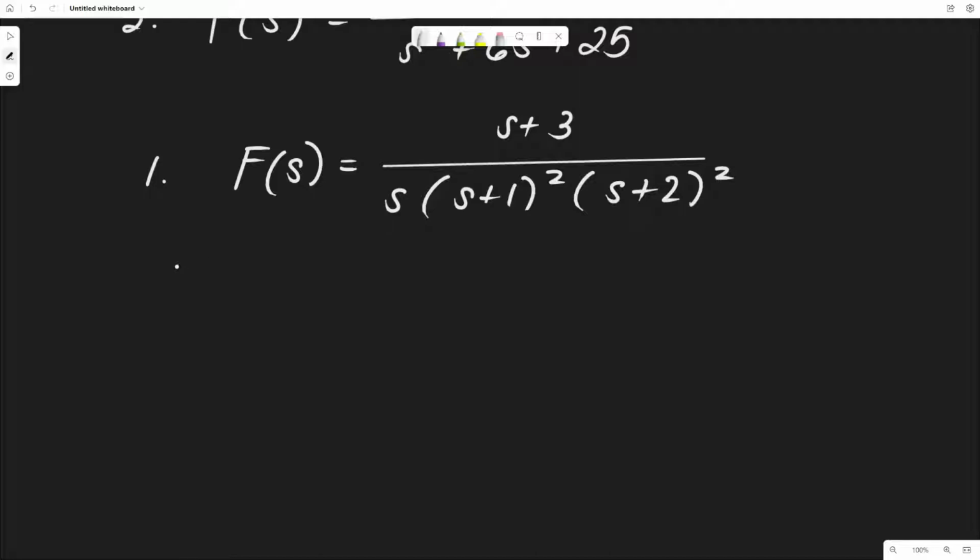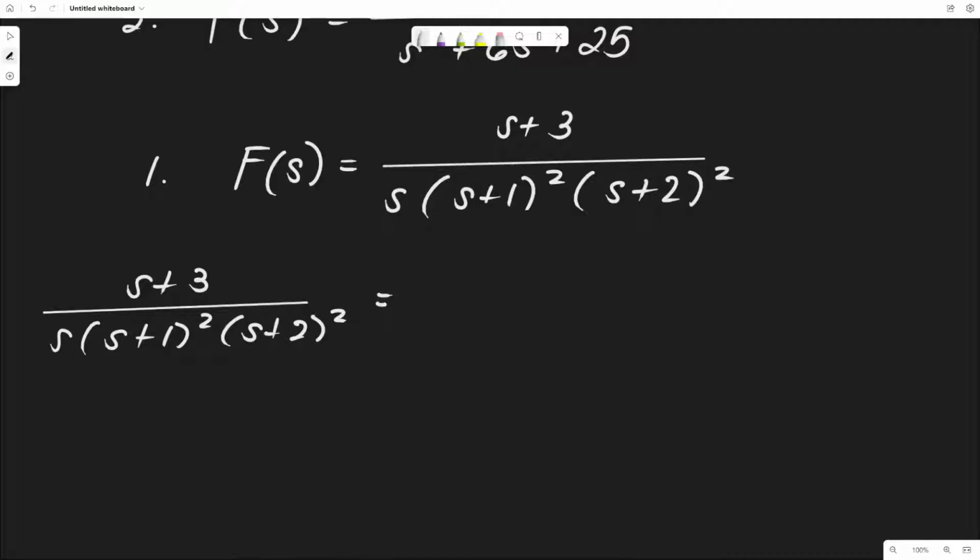So we will have, let me write it here, s plus 3 over s multiplied to (s plus 1) quantity squared, (s plus 2) quantity squared. This is equivalent to A over s plus B over s plus 1, and s plus 1 squared too.